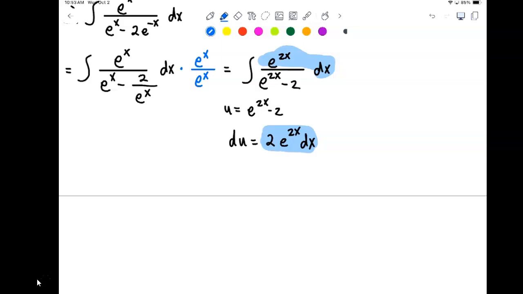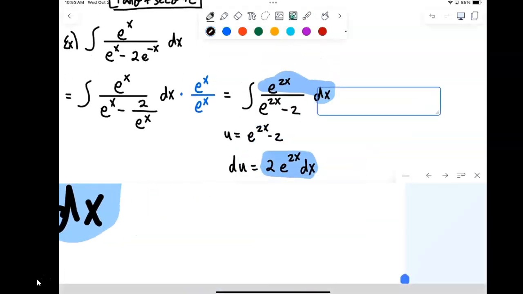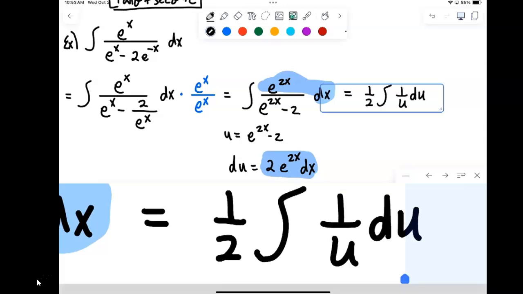And what that'll do is require a 1/2 on the outside. And so then we'll have everything I need to carry the substitution through. And the bottom will just become u. So this problem would transform to 1/2 integral 1 over u du.